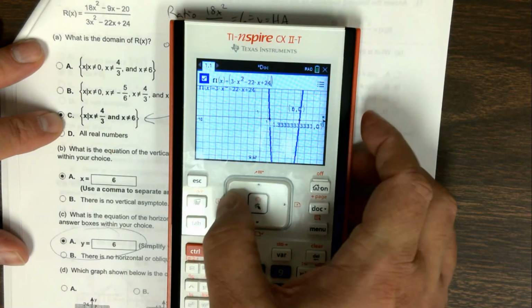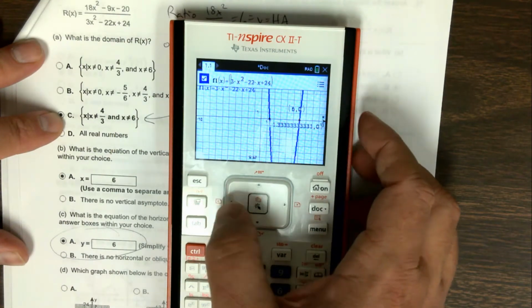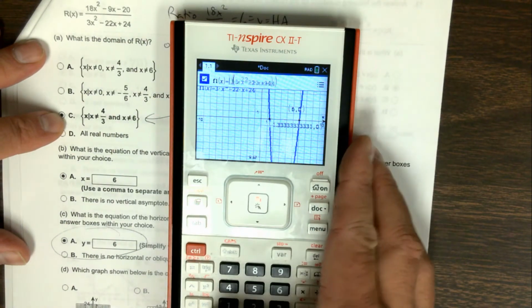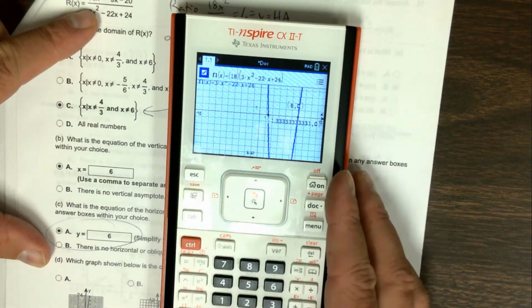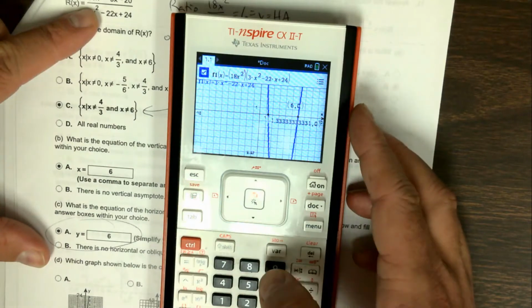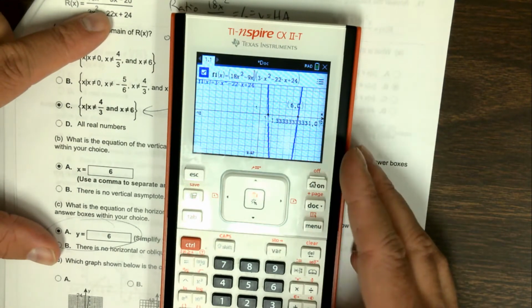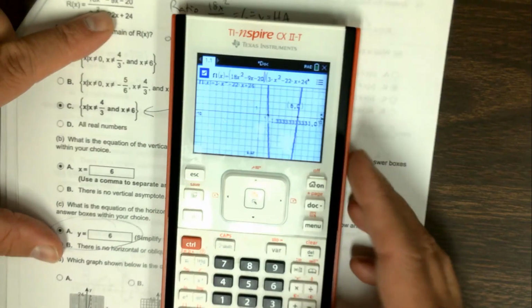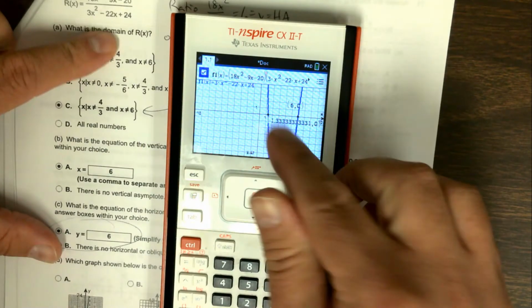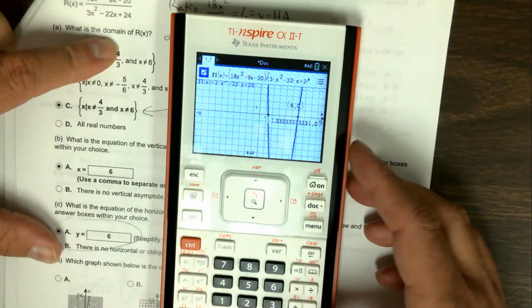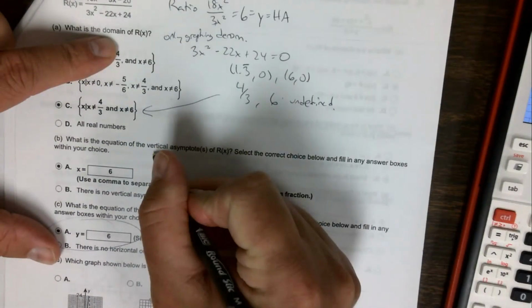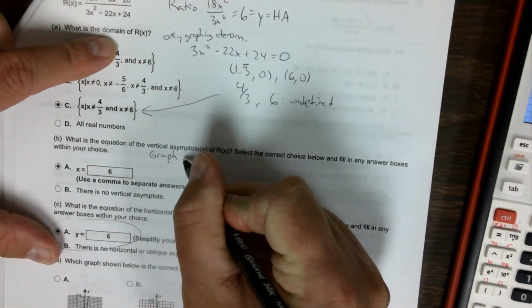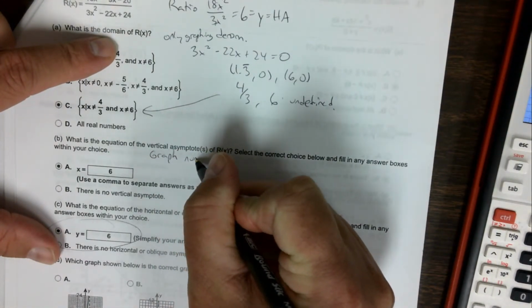And I'm going to do another backwards parentheses and type the numerator in: 18x squared minus 9x minus 20. And what I need between there is a divide sign. Okay, so now for this part, graph the numerator and denominator.